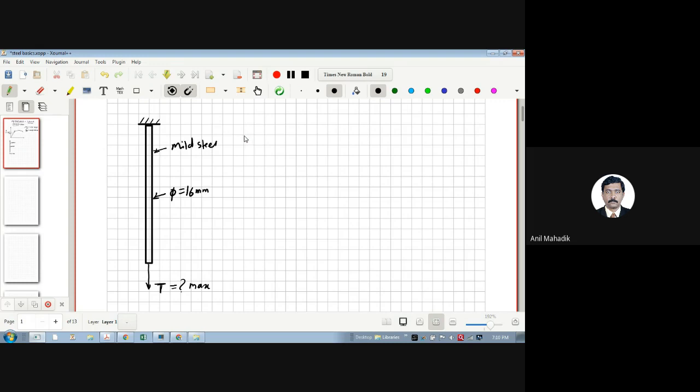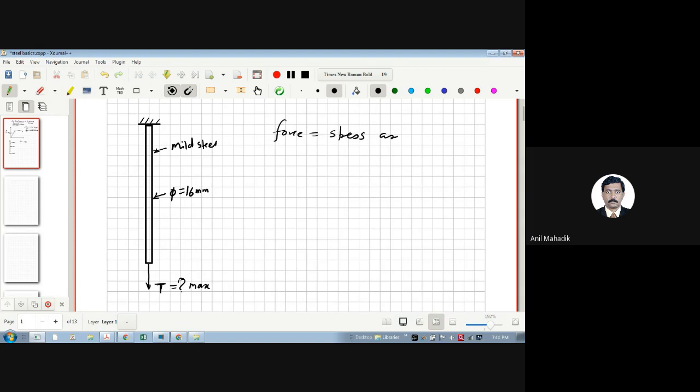Yes, sir: 0.6 Fy by area. Yes, so we can say force is nothing but stress into area, that everybody knows.